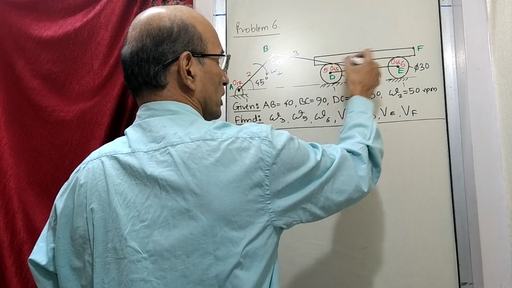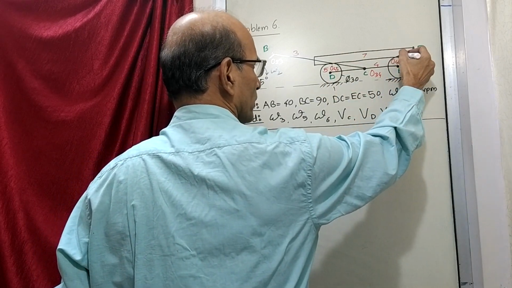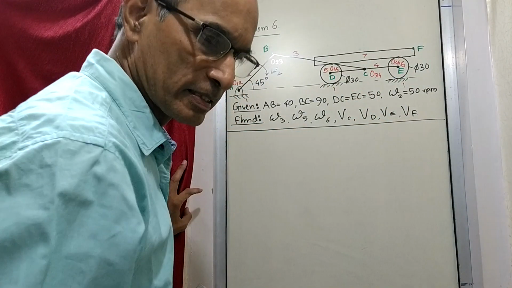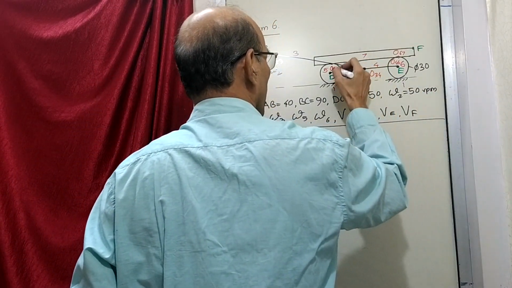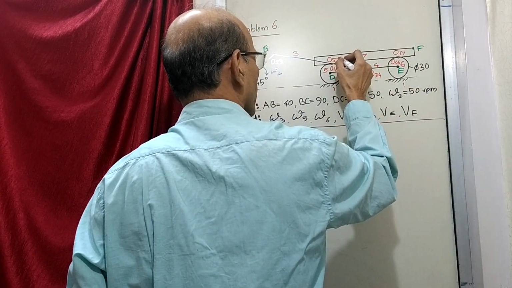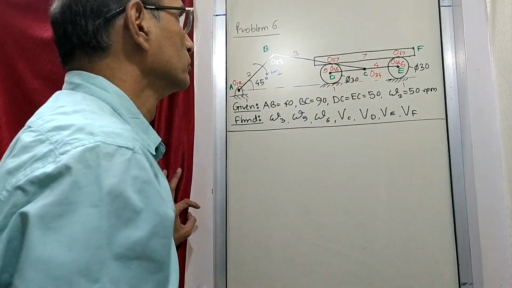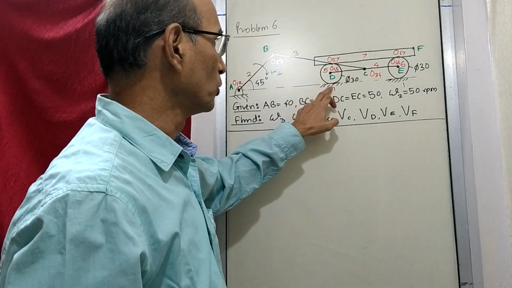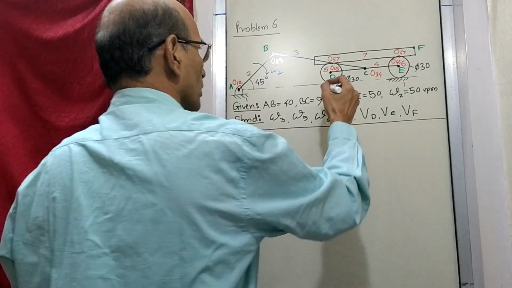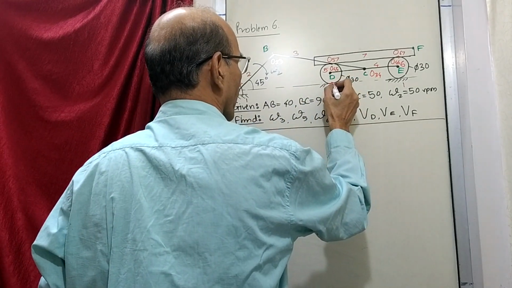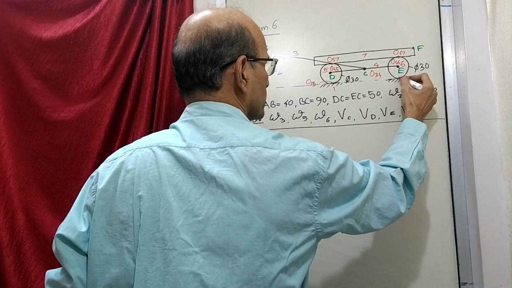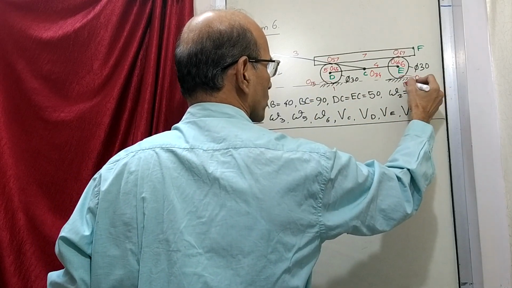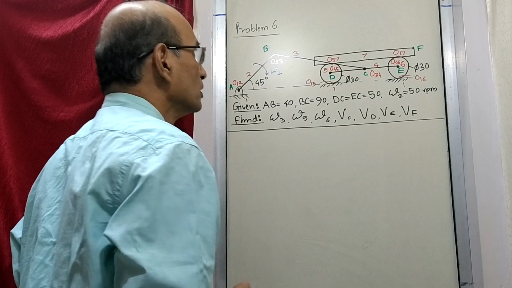Now 5 is connected to 7, 6 is connected to 7, so this point is O67, and here it is O57. Now 5 is connected to 1 here, so this is O15. This is O16. 1 is connected to 6, O16.